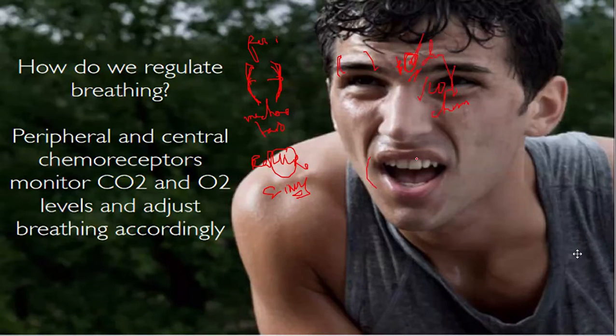the aortic body. In our aorta, there's also an aortic body. So this is the carotid body, and we also have the aortic body. The aortic body is also sensitive to oxygen and carbon dioxide content in our blood.